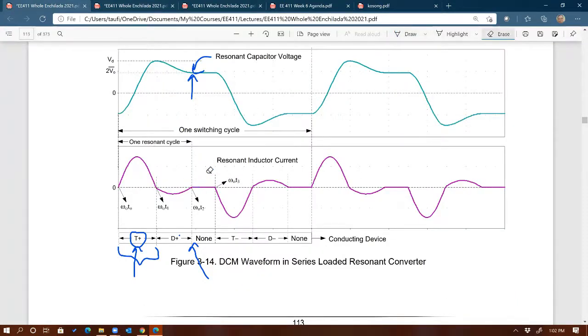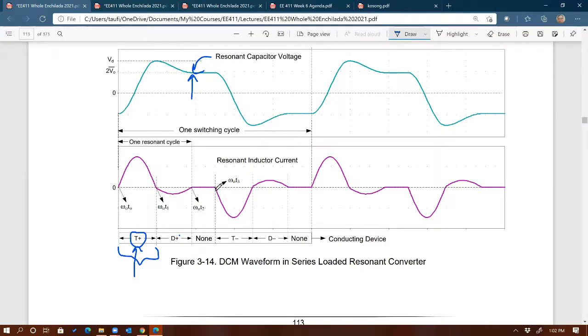Because D minus is not ready and T minus is not being turned on, once the inductor current reaches 0, that means its charge is done. Therefore, it stays at 0 amp right there, and it's going to wait until we tell T minus to turn on.